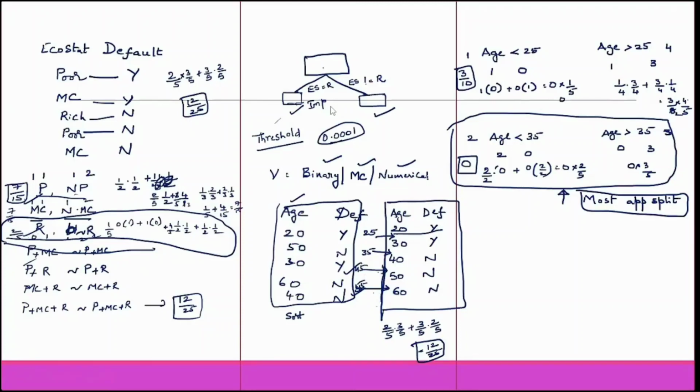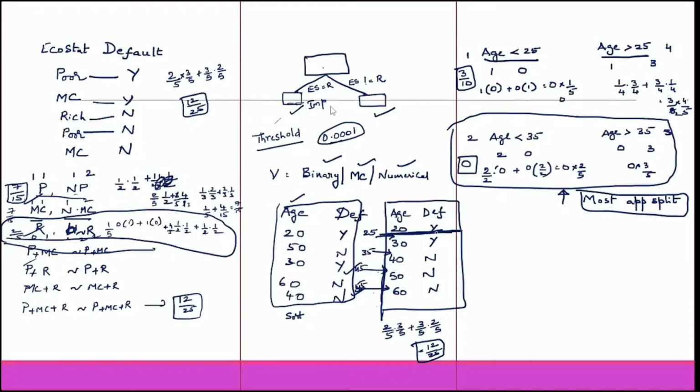So my rule that is coming out is age less than 25 versus age greater than 25. Which means I am converting the numerical data into a kind of categorical data. So it means my data got split like this.